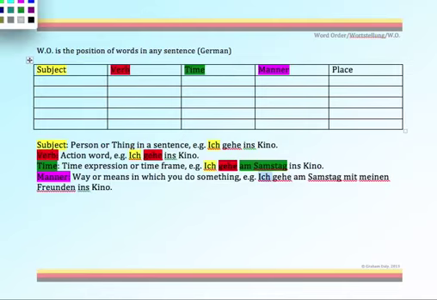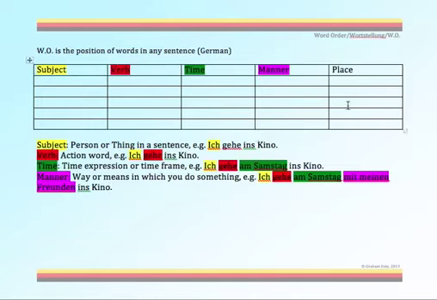Ich, we know, is the subject. The verb, I'm going. What time are you going at? I'm going on Saturday. And the manner, the way or means in which you're doing something: with my friends. Mit meinen Freunden ins Kino.